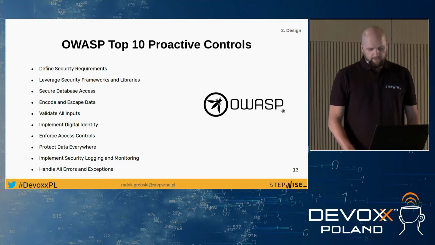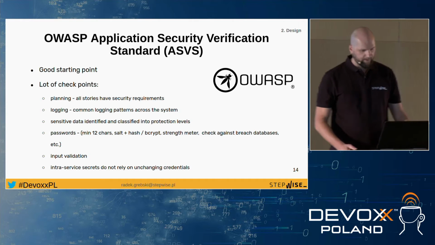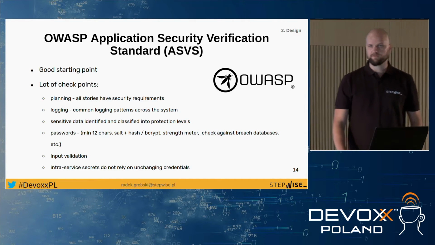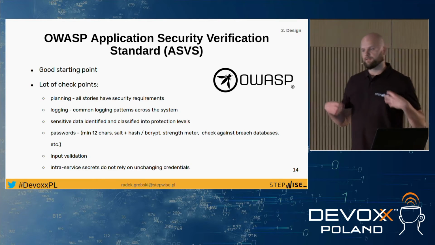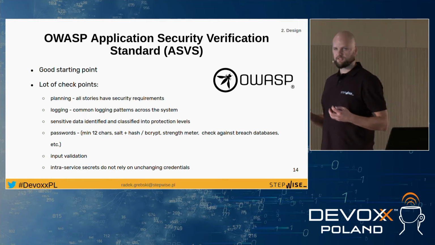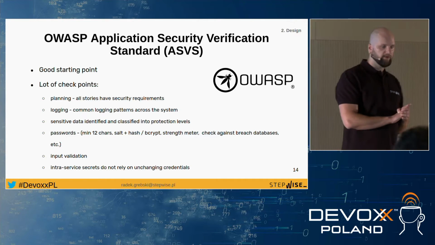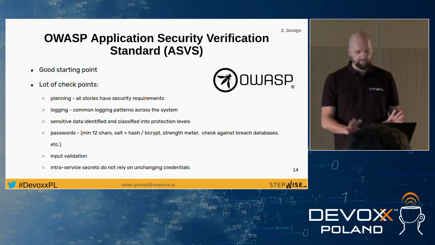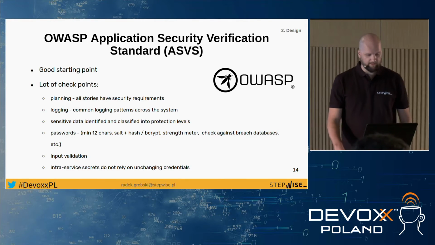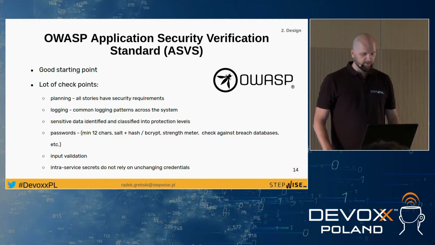The more interesting document is the OWASP Application Security Verification Standard. If you plan to introduce some standard in your project or company, this is a very good document you can start with, because it has lots of checkpoints, lots of pages. I just mentioned a couple of dozens of the hundreds of checkpoints this document contains.